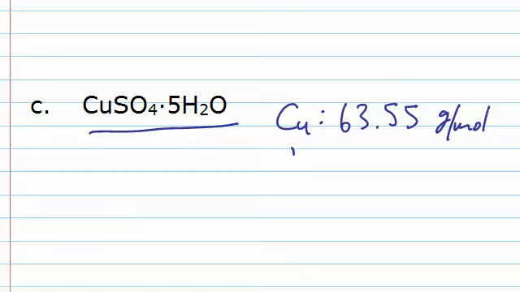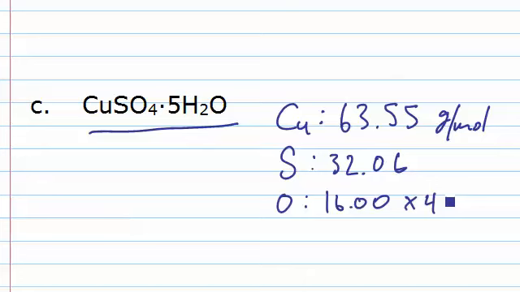Sulfur is 32.06. Oxygen is 16.00, and we have 4 of those. We're going to multiply that by 4. That'll give us 64.